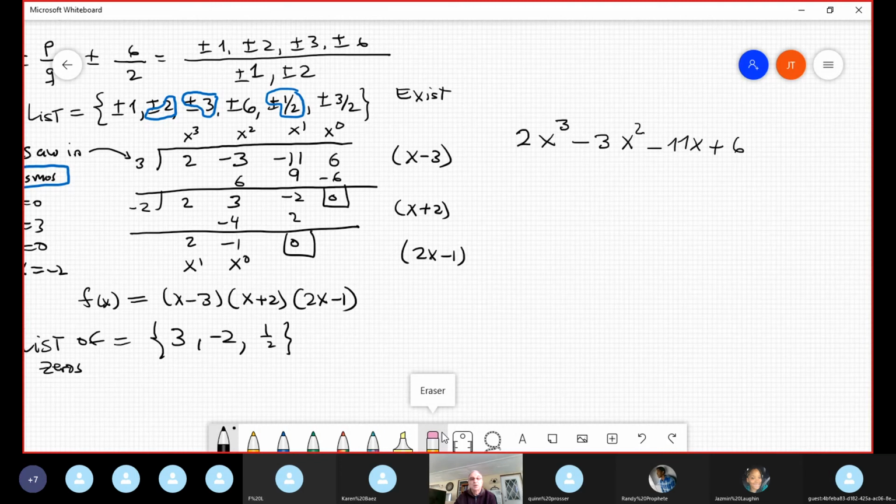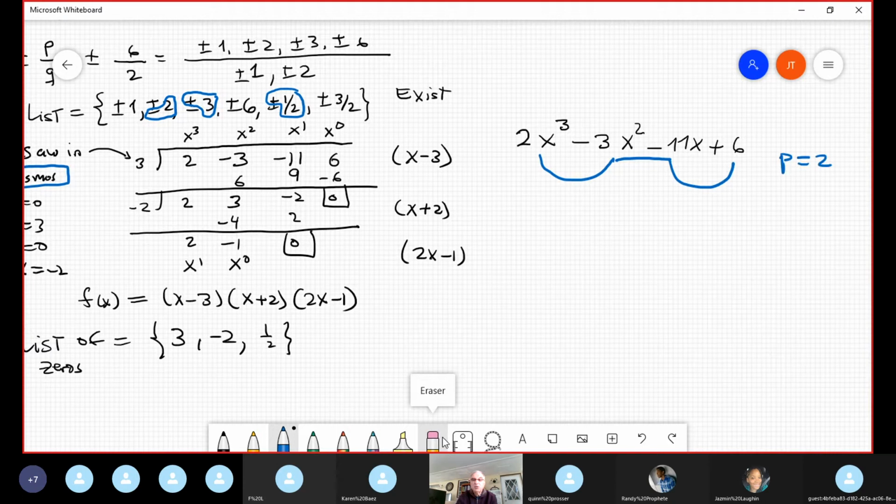Okay. I want to analyze the changes of sign using the blue color. I can see positive, negative, one change of sign. Negative, negative, no change, stays the same. Negative, positive, is a change. So basically, P is 2.